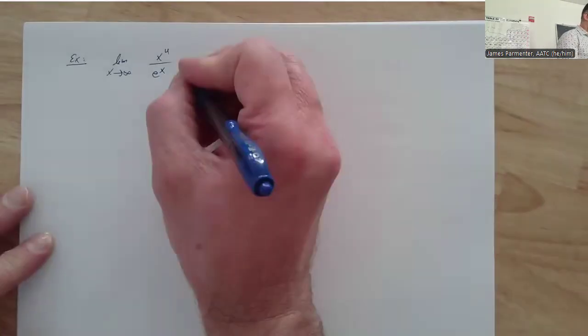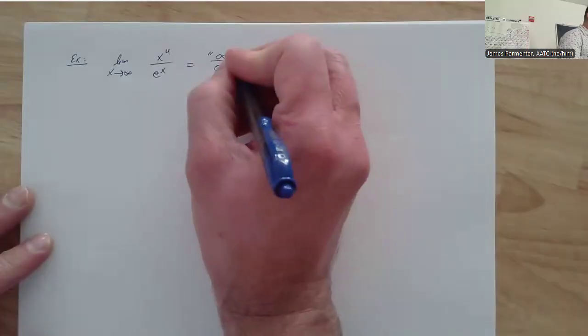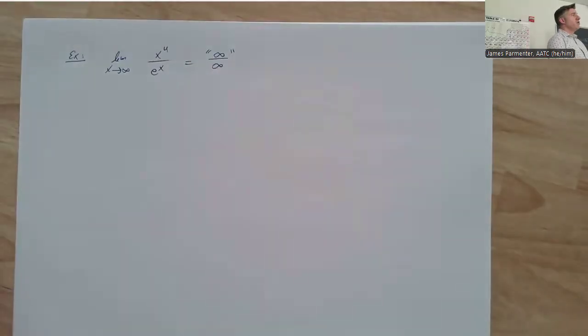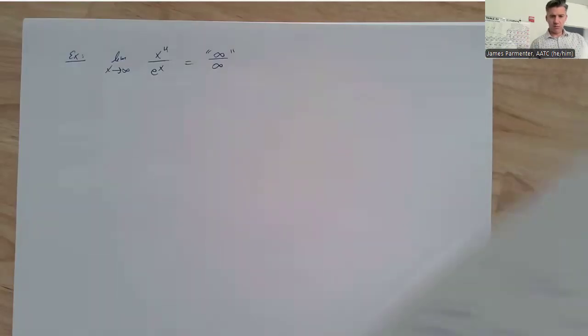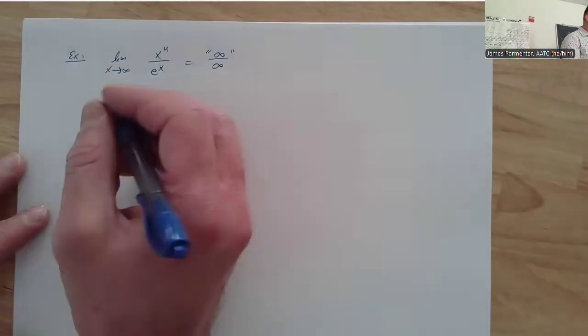Well, it's starting off as an infinity over infinity indeterminate form. If I use L'Hopital's rule, the denominator is never going to end up changing. But the numerator is. So let's see what happens here.